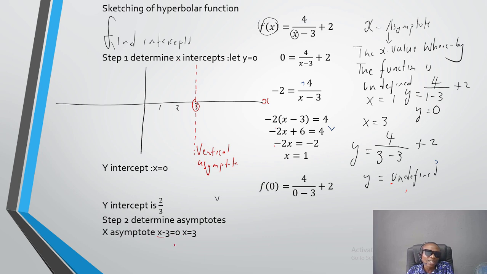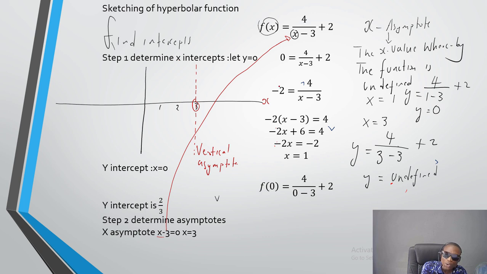I'm equating the denominator to 0. Where do I get this x minus 3? This x minus 3 is the denominator of the function f of x. It's 4 over x minus 3. So x minus 3 equals 0. This is how you find the x asymptote.